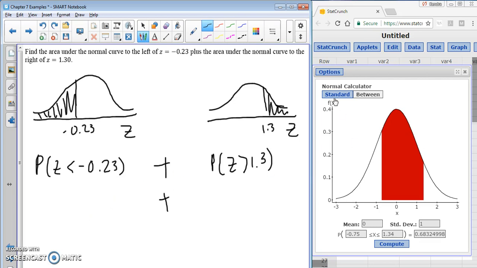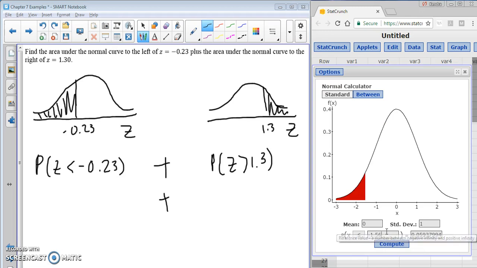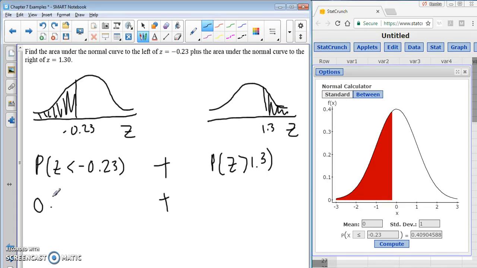Right, so let's compute these separately. So let's click back on our standard tab. And still a mean of 0, standard deviation of 1. So we have less than 0.23, and I'm going to write down the entire decimal. So 0.40904588, to get this as accurate as possible.